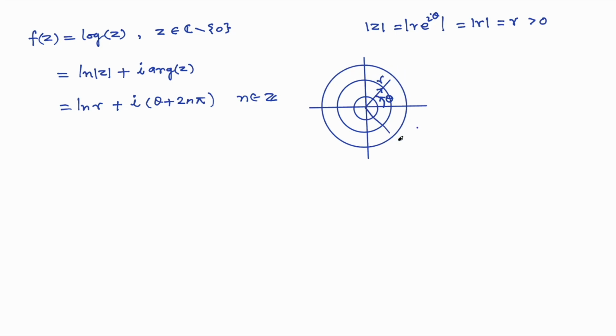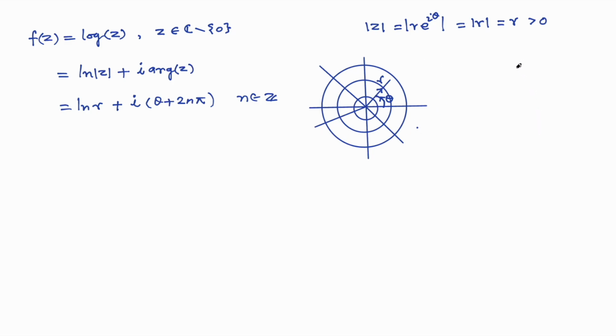And then you can find out this r or this r or this r. So for multiple theta, you will get this line for r and circle for theta, right?